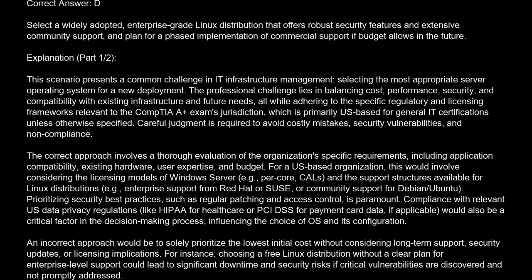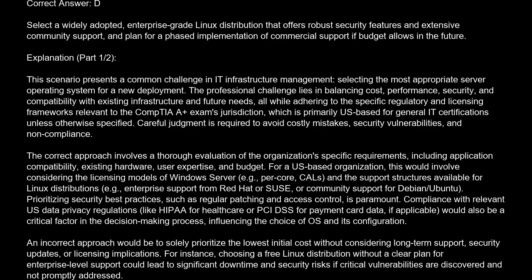The correct approach involves a thorough evaluation of the organization's specific requirements, including application compatibility, existing hardware, user expertise, and budget. For a US-based organization, this would involve considering the licensing models of Windows Server, e.g., per core, CAL, and the support structures available for Linux distributions, e.g., enterprise support from Red Hat or SUSE, or community support for Debian/Ubuntu.